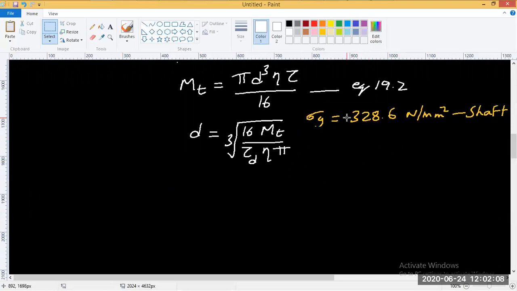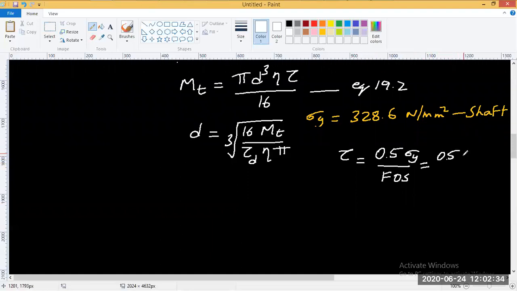Using this yield stress value, we need to extract the shear stress value. Shear stress is equal to, I told you before, to remember, 50% of yield stress divided by factor of safety. That's how we get the shear stress for anything. I think both of these data are given in the question, right?